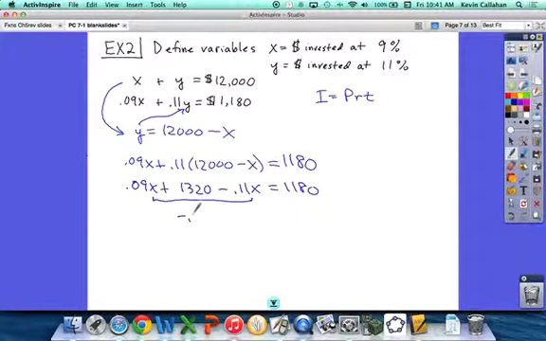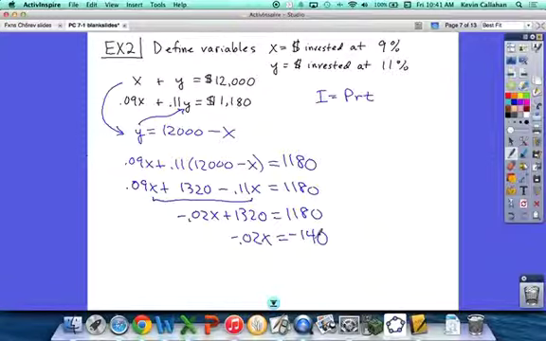It gives us negative 0.02x plus 1320 equals 1180. Subtract 1320 from both sides. Negative 140. So x equals 7,000.